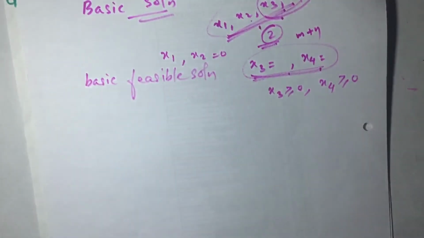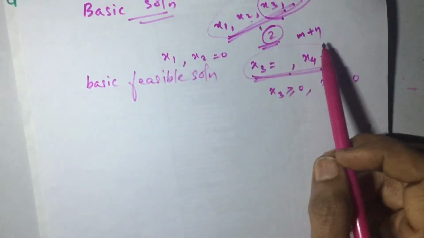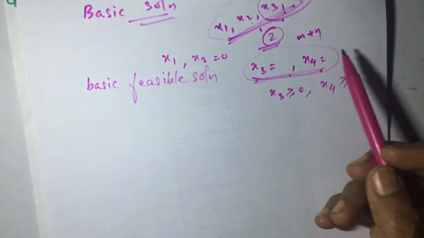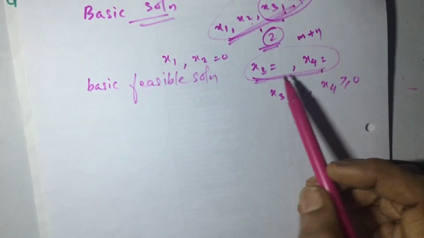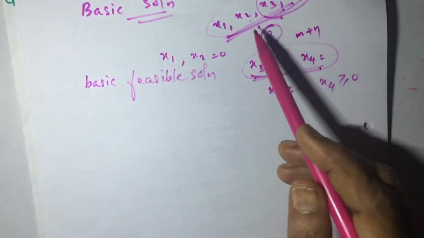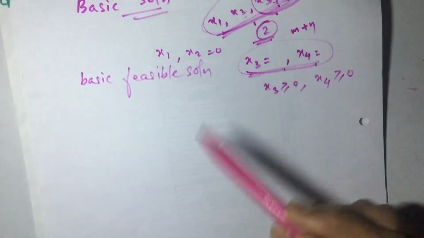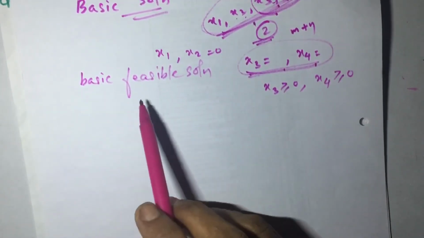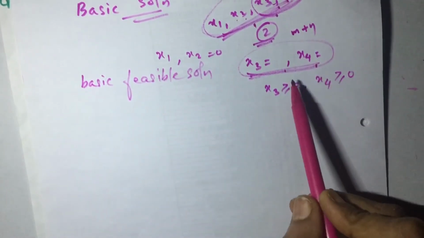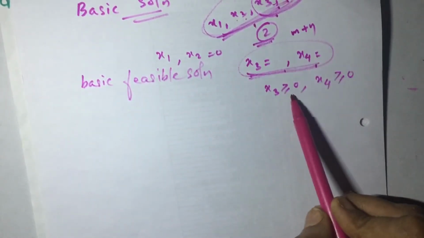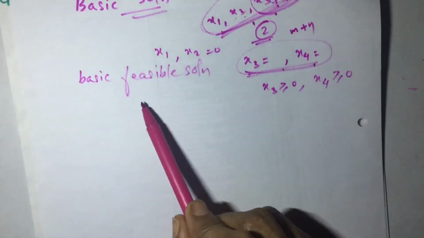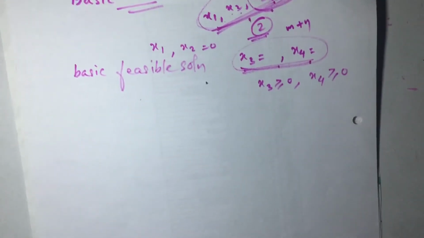So basic solution means setting any n variables out of m plus n variables equal to 0 and solving for the other m variables. The 2 variables I mentioned because I consider these 4 variables here. Secondly, if the basic solution so obtained satisfies the non-negativity condition, then that is called a basic feasible solution.